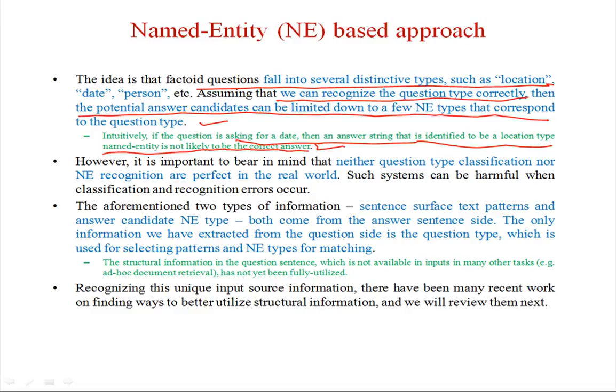It is important to bear in mind that neither question type classification nor named entity recognition is perfect in the real world. It is very important. Such a system can be harmful when classification and recognition errors occur.